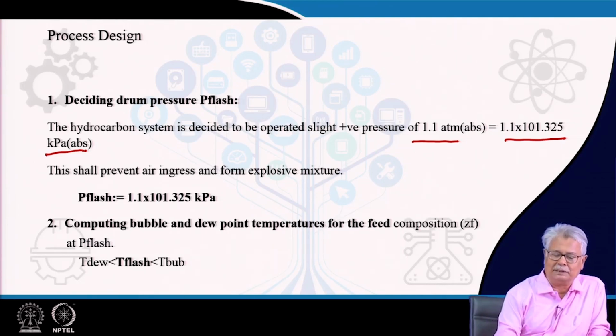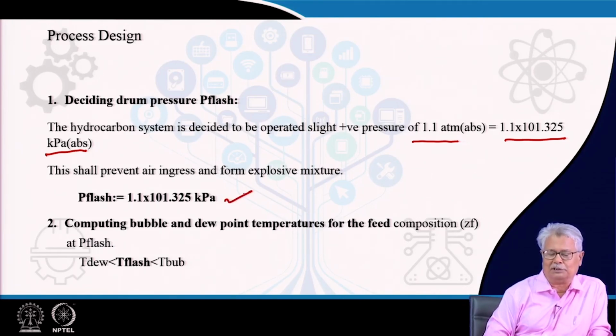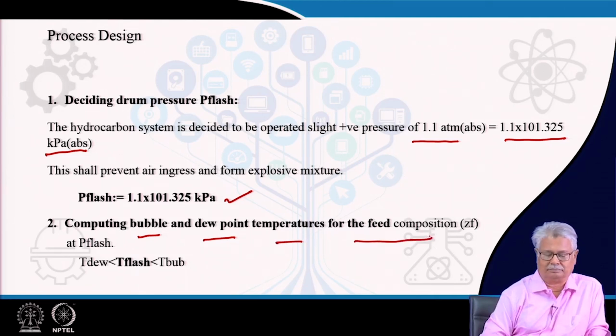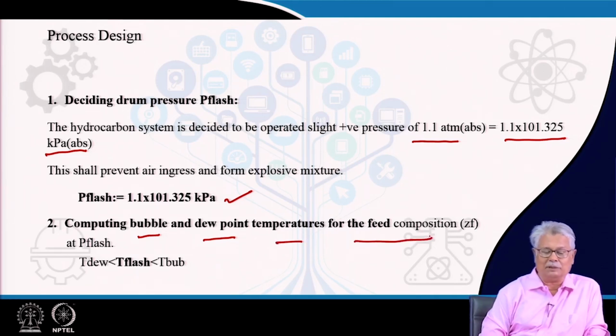So, according to this, we decide the P flash is going to be 1.1 into 101.325 kilopascals. The next step is to estimate the bubble point and the dew point temperatures for the feed. Why do we do it?